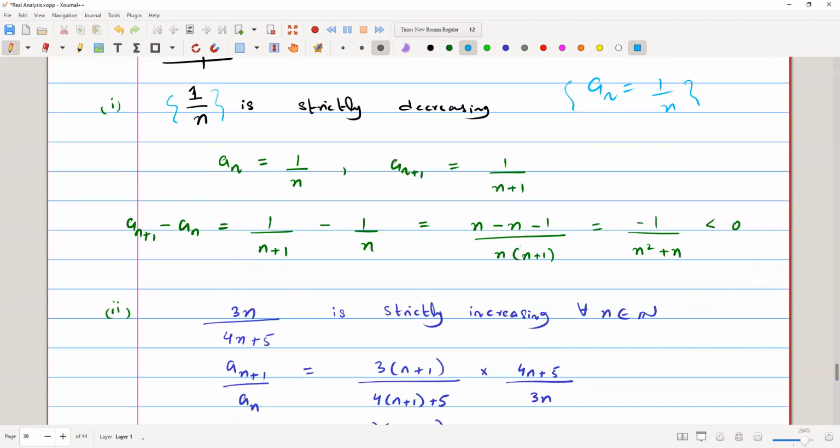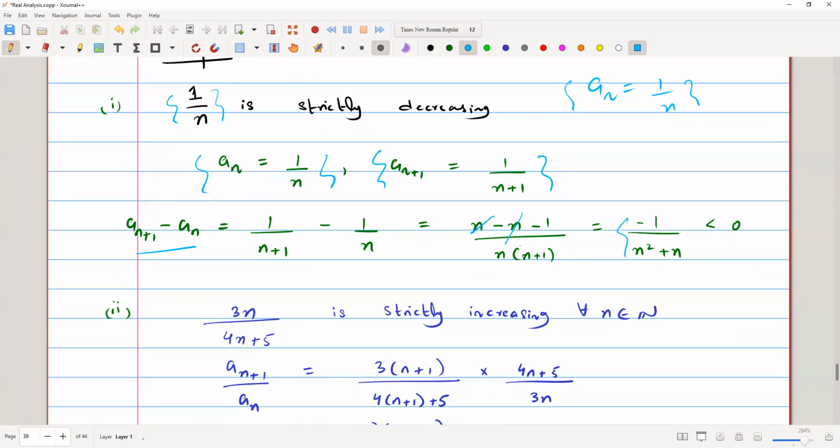So now we have an equals 1 over n, and an plus 1 is obviously 1 over n plus 1. Then an plus 1 minus an will be 1 over n plus 1 minus 1 over n. By taking the LCM and simplifying, we have n minus n, this n cancels.